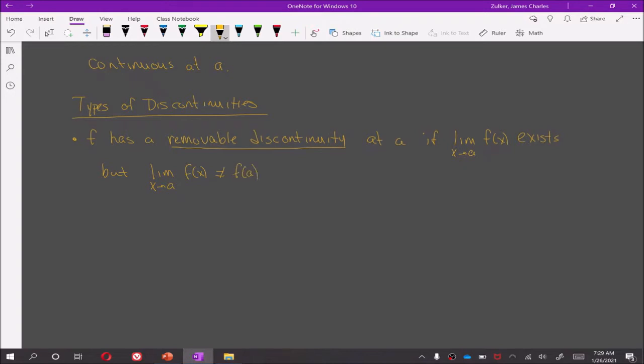So if the limit exists, but it does not equal f of a, it is known as a removable discontinuity. f has a jump discontinuity at a if the two one-sided limits exist but they are not equal.